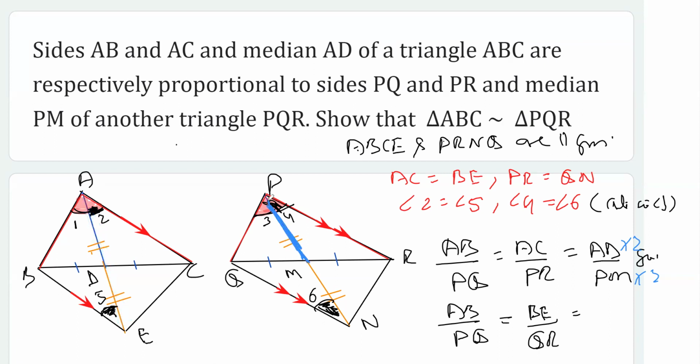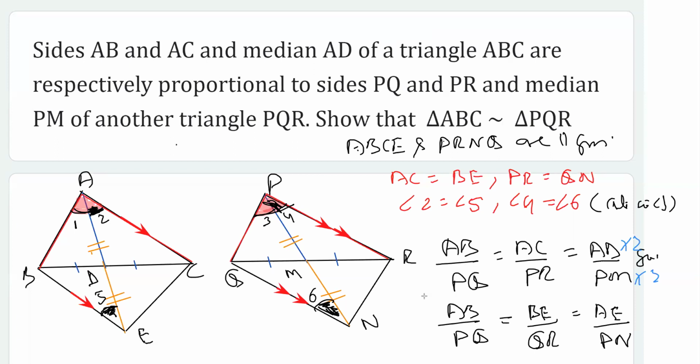Similarly, twice of PM can be written as PN. So that is what I'm going to do in this part. So I'll write twice of AD as AE, and twice of PM as PN.